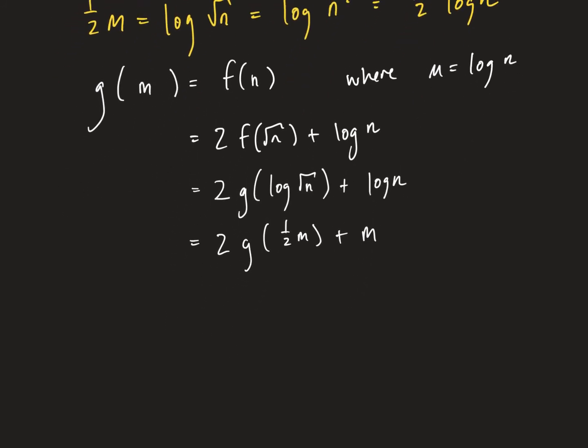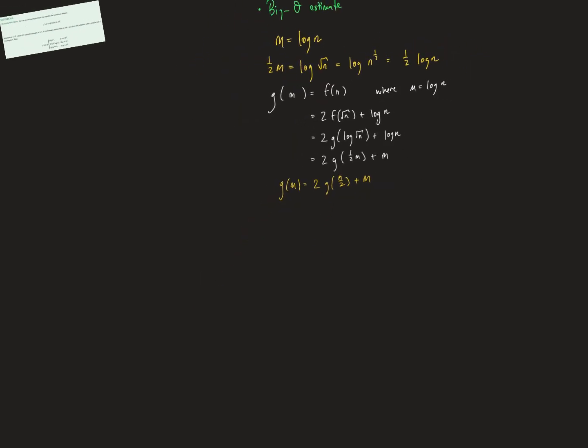So what we have is this new function, or not really a new function, it's actually the same function. That's the key point. It's the same function written in a different form. So we took f of n and rewrote it as g of m, and we got g of m equals 2 g of m over 2 plus m. And now let's pull back that theorem.